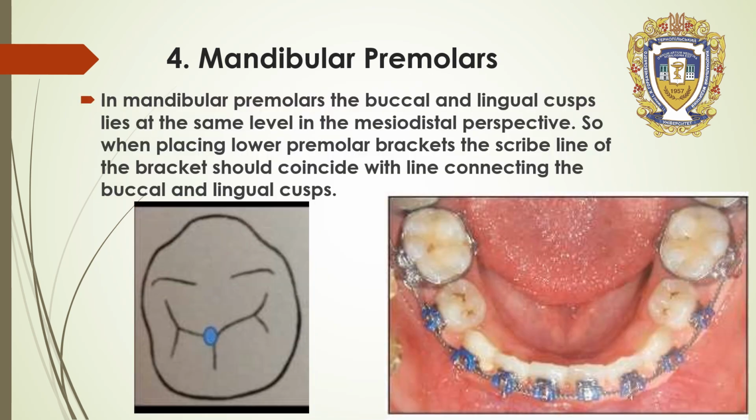In mandibular premolars, the buccal and lingual cusps lie at the same level in the mesiodistal perspective. So, when placing lower premolar brackets, the scribe line of the bracket should coincide with the line connecting the buccal and lingual cusps.